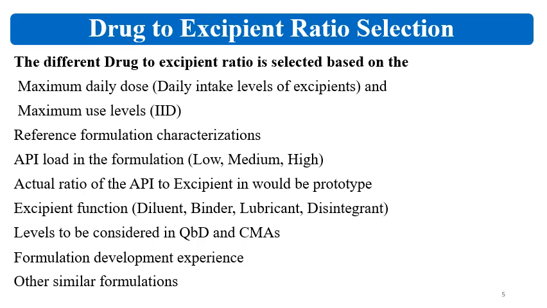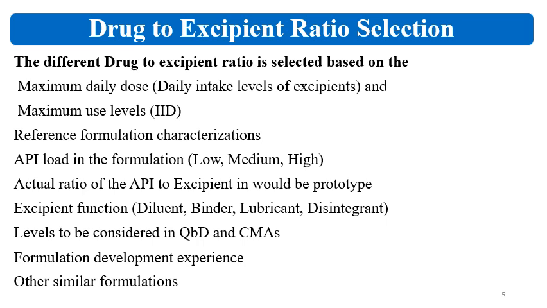Drug to excipient ratio selection is very important, and in this slide we will see how these ratios are selected and what prerequisites or information should be in your hand for selecting the drug excipient compatibility ratios.